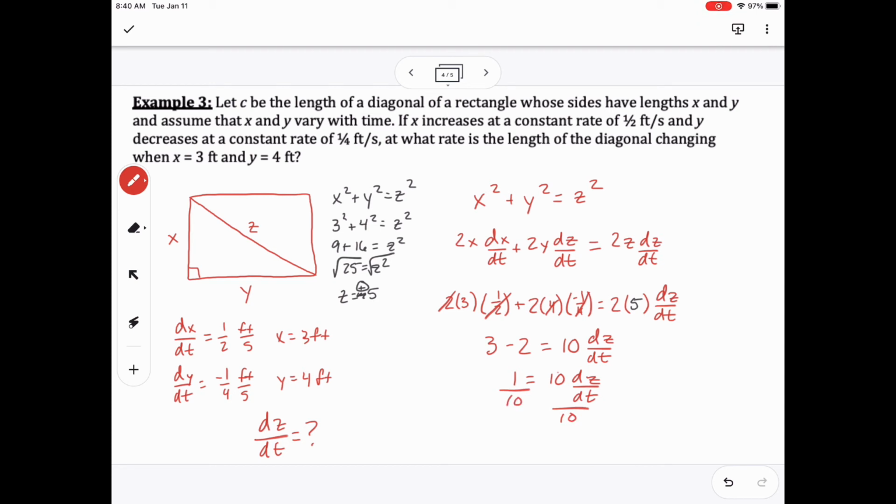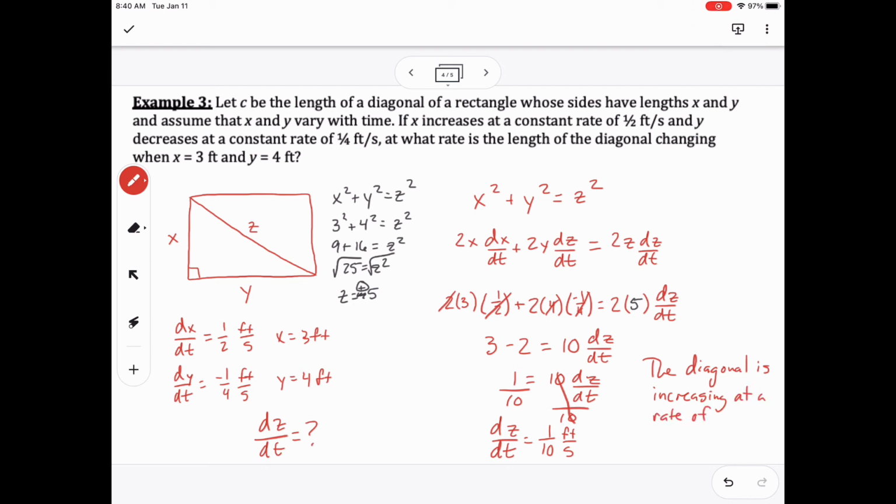And that gets me 1/10 feet per second for my change of the length of the diagonal when you have all those other things going on. So the diagonal of the rectangle is increasing, since it's positive, at a rate of 1/10 feet per second.